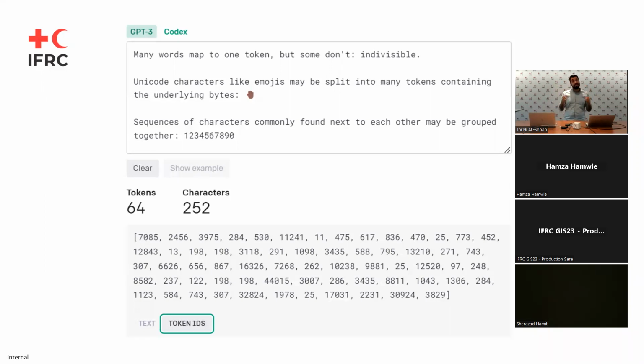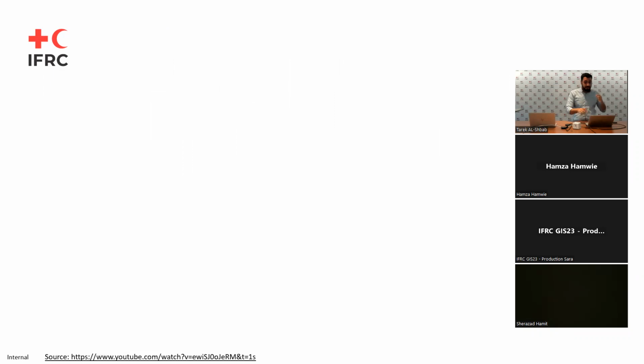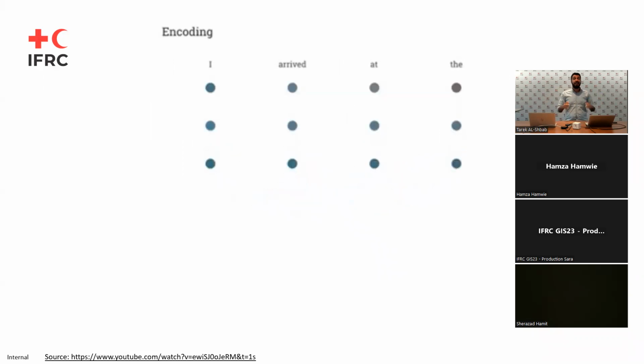And these numbers are easy for the computer to understand and work with, to make relationships between them, because they represent the words and characters with a number. And when we put these numbers into a computer, it can build a relationship. So as you see in this video, we have a sentence like, I arrive at that. From the relationship between the words in this sentence, it could predict what should come in the next sentence or paragraph.